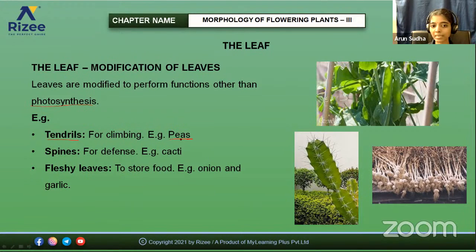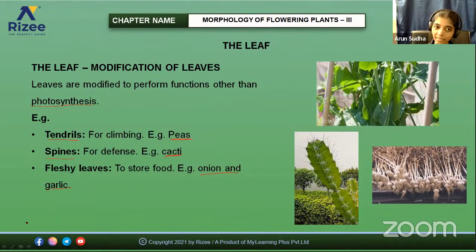Example, peas. And some leaves are modified to spines. Example, cacti. Here, spines. And the fleshy leaves which are present underground store food. Example, onions and garlic. They are also nothing but leaves.